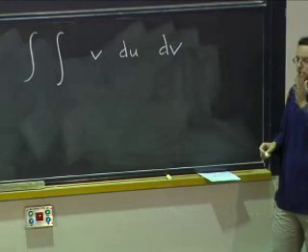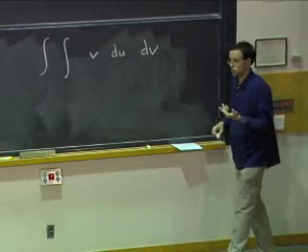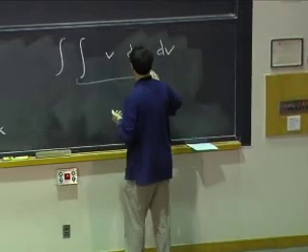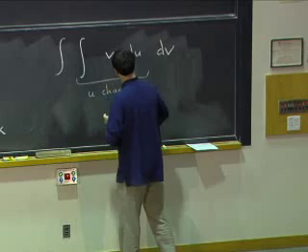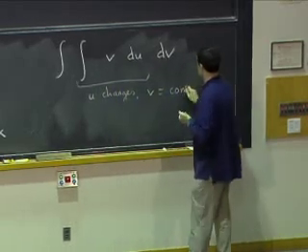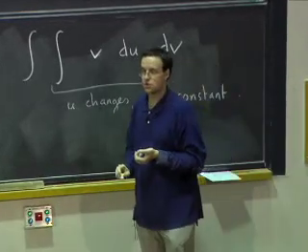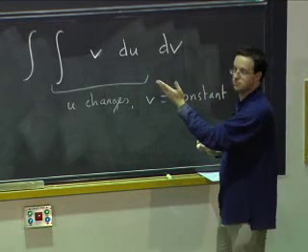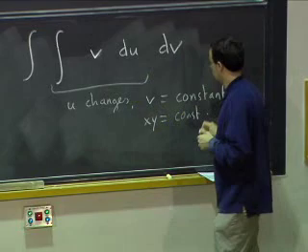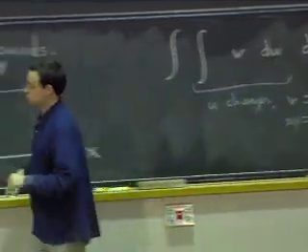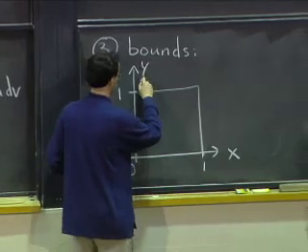That means we start by keeping, no, by keeping v constant as u changes. What does it mean that I'm keeping v constant? Well, what is v? v is xy. So that means I keep xy equals constant. What does the curve xy equals constant look like? Well, it's just a hyperbola. y equals constant over x.